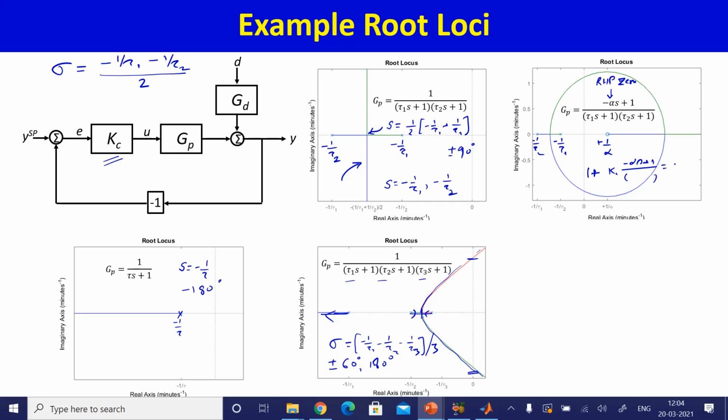This is equal to 0, and if you solve this, what you are going to get is minus alpha s plus 1 divided by the denominator is equal to minus 1 by kc.